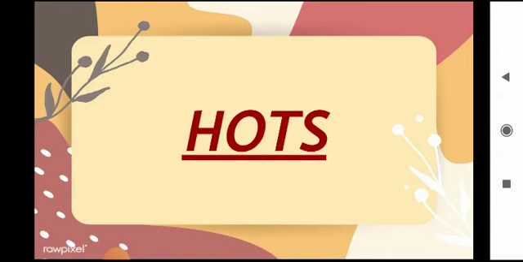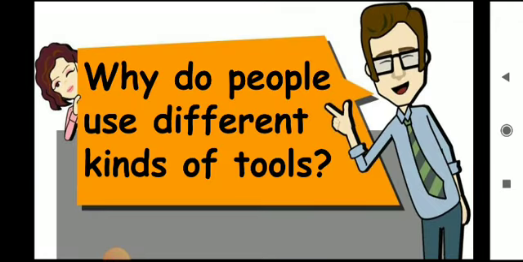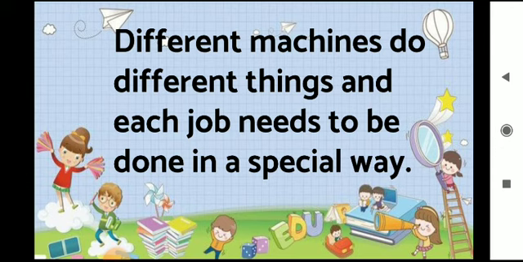Now, moving towards some higher order thinking questions. Our question is, why do people use different kinds of tools? Do you know the reason behind this? Why do people use different kinds of tools for performing different types of work? People use different tools and machines because different machines do different things.